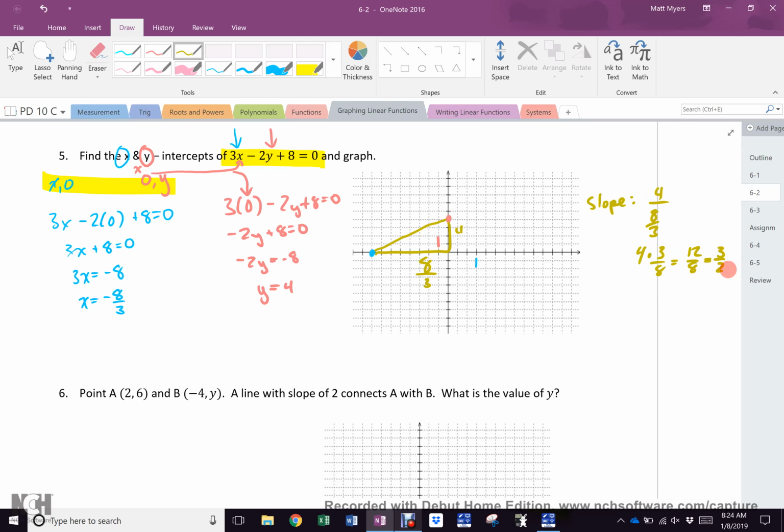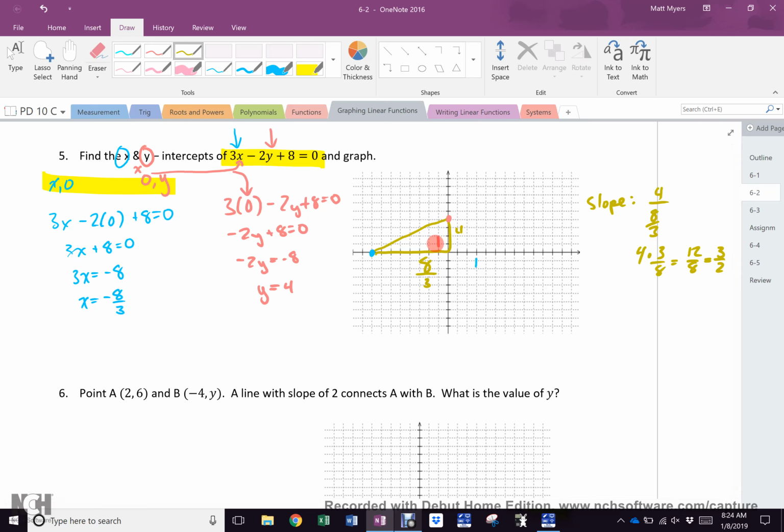Brendan. Which pink line? I don't have a pink line on here. You mean this one? This one? This one? That's a 1. Okay. All right.